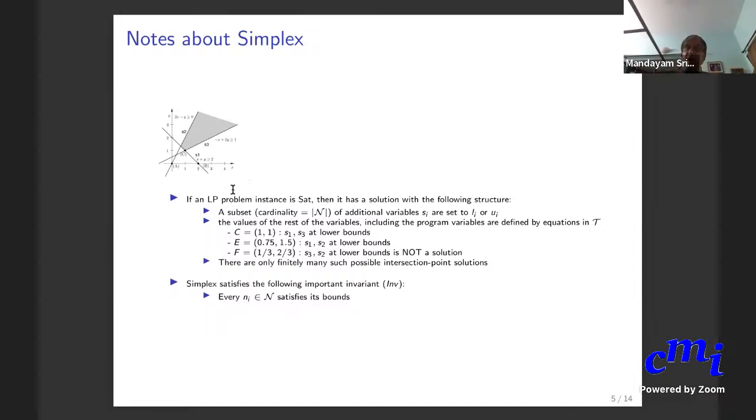So in other words, the lower and upper bounds are fixed, and the solution that it eventually finds is one in which a subset, whose size is the size of the non-basic set, is at these points.